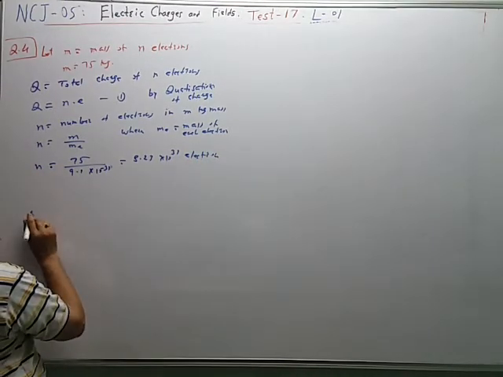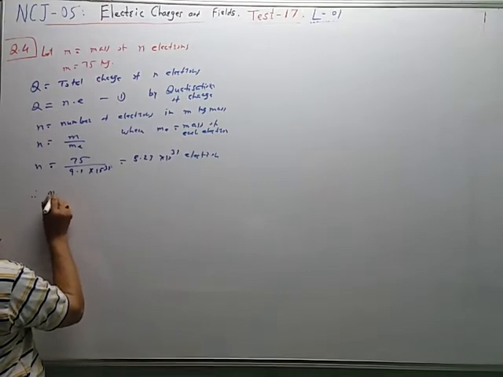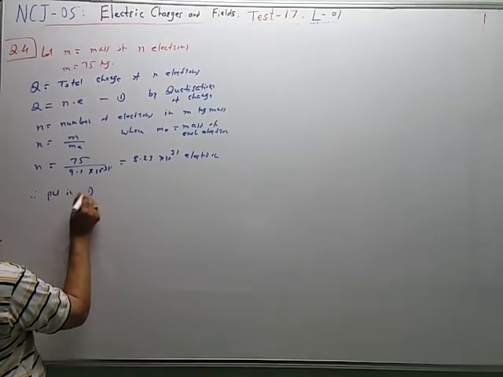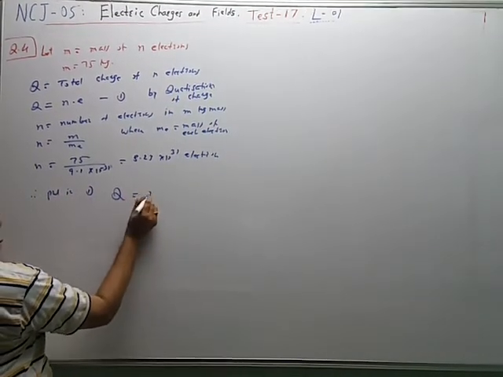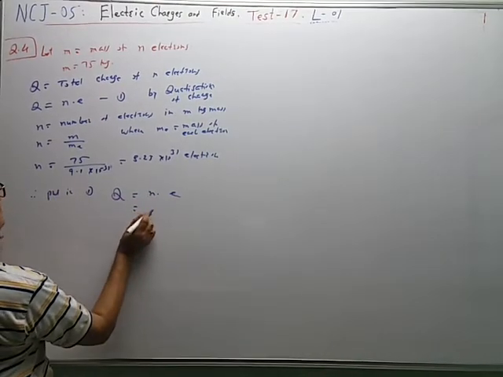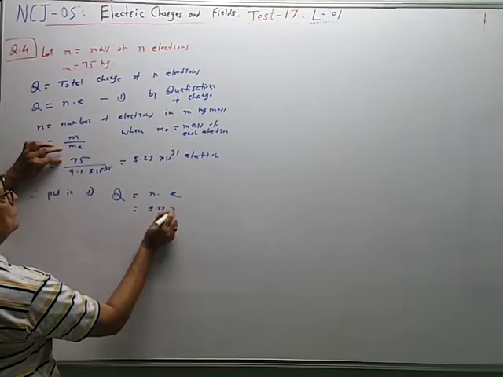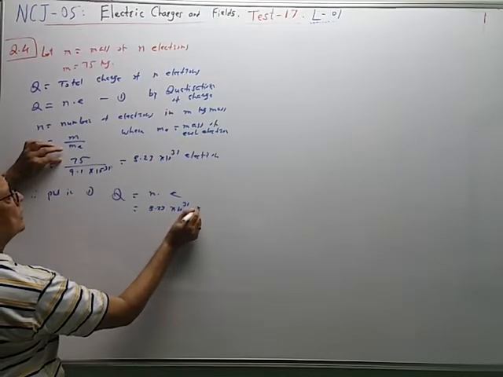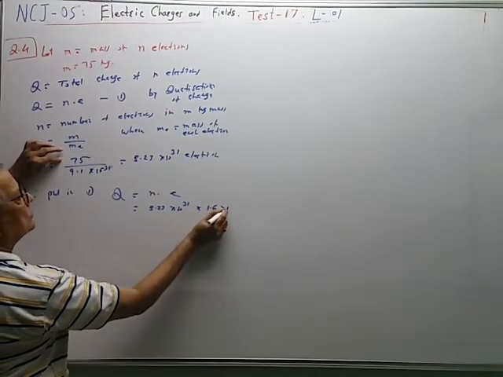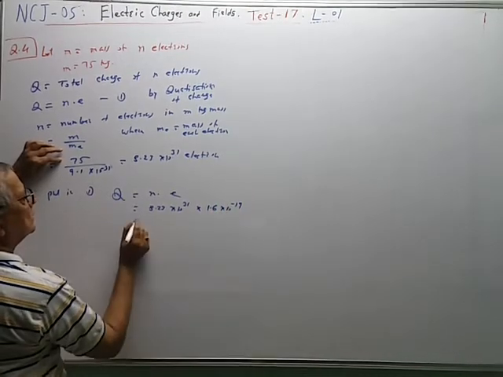Therefore put n in equation 1. So Q is equal to n into e. This is equal to 8.23 into 10 to the 31 multiplied by 1.6 into 10 to the minus 19.